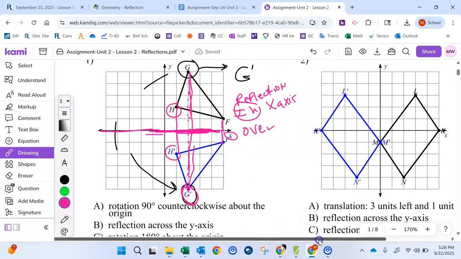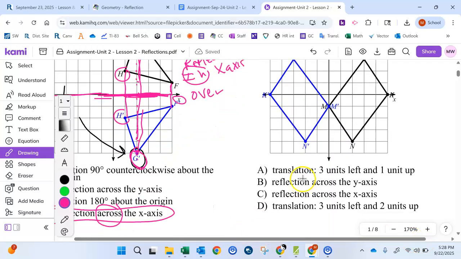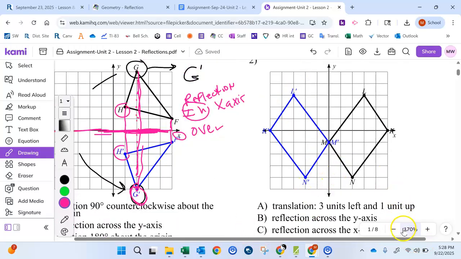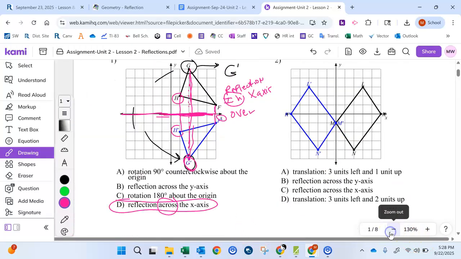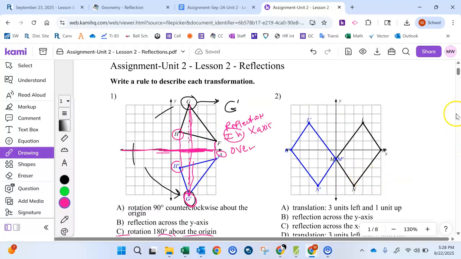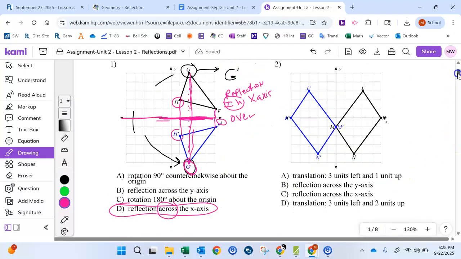So I want you to try number 2. If you want to pause the video, try number 2 and tell me what you think it is. Okay, so number 2, what's happening? Well, we can take any point. So we have L, then L prime would be over here. If you draw a dashed line, what is it crossing?